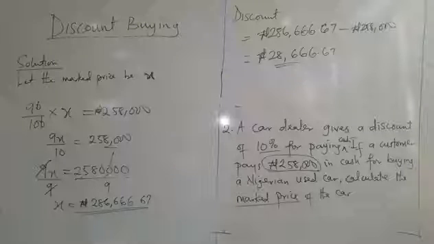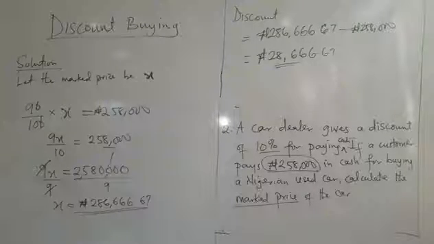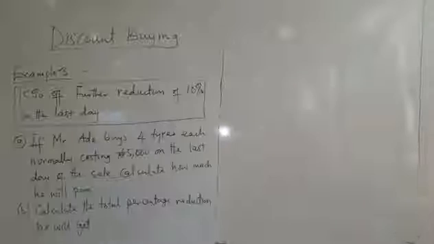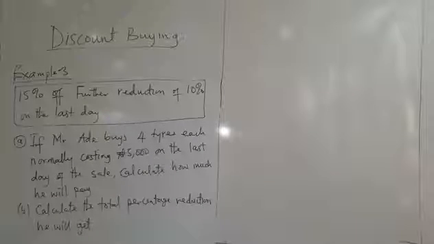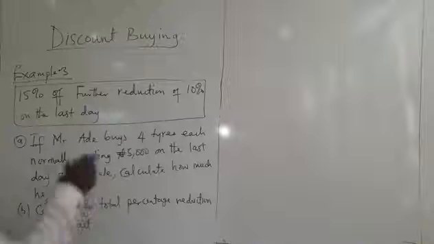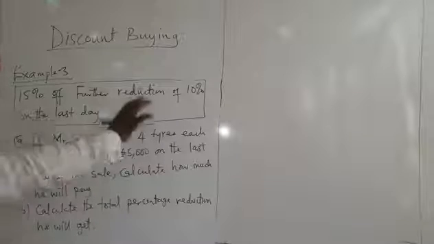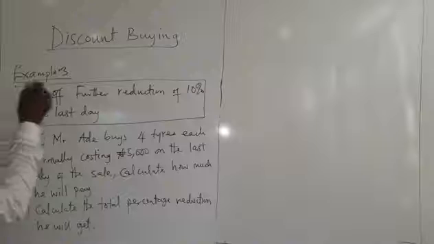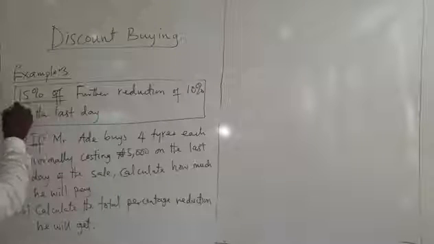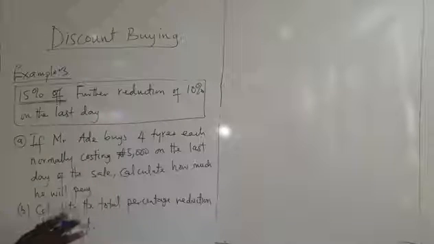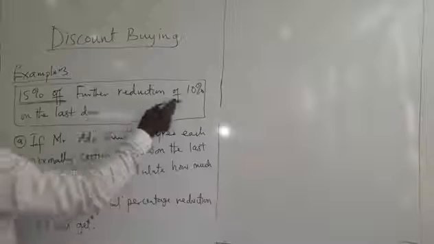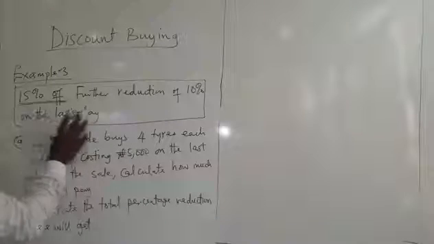Now let's move to the third example before we end the video. Alright, this is the third example. With the last one, we have 15% off. That is the first discount on a particular product. Then a further reduction of 10% on the last day of sales.